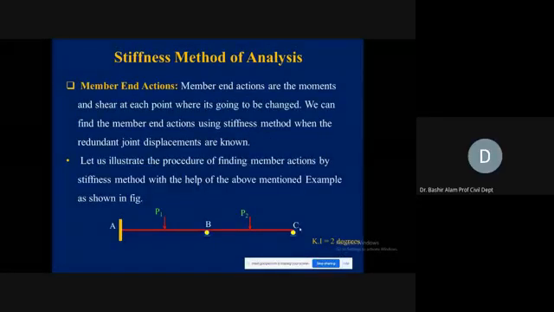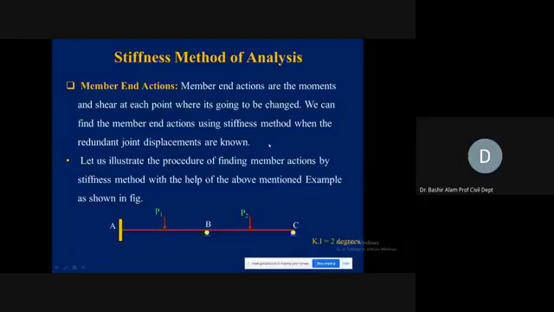How are we going to find out the member end actions? Again, you have all the information now, and we need to put all this information in order to find out the member end actions. Member end actions are the moments and shears at each point where they change. We can find the member end actions using the stiffness method when the redundant joint displacements are known.